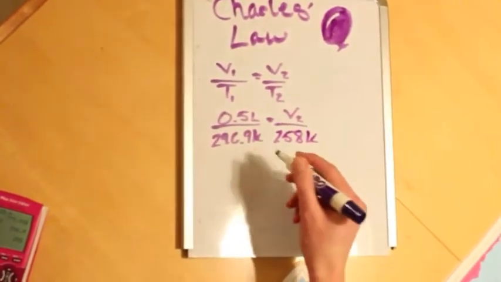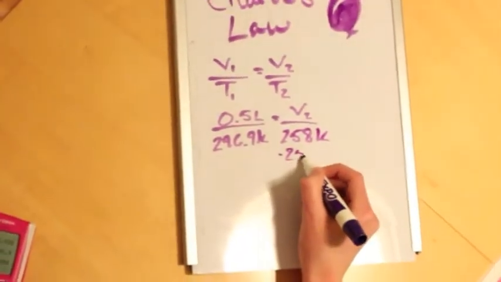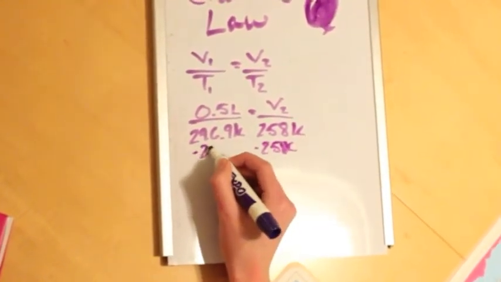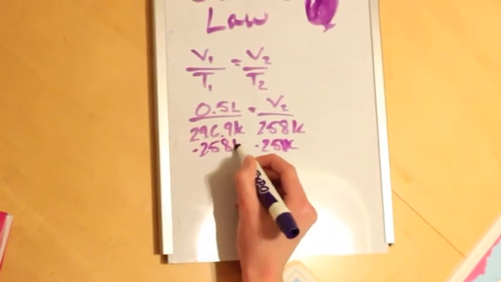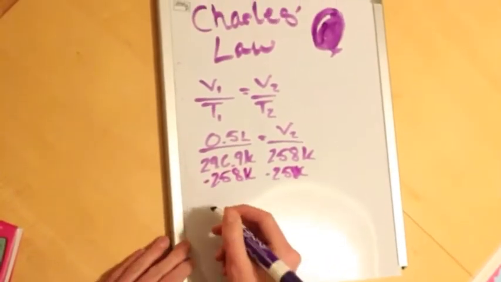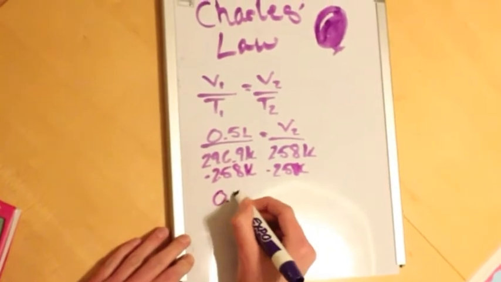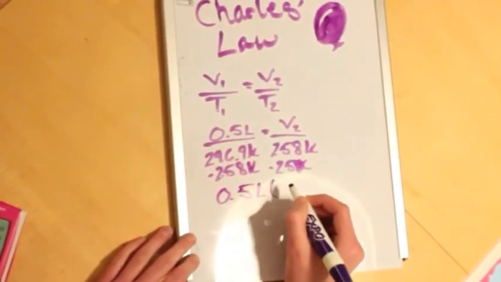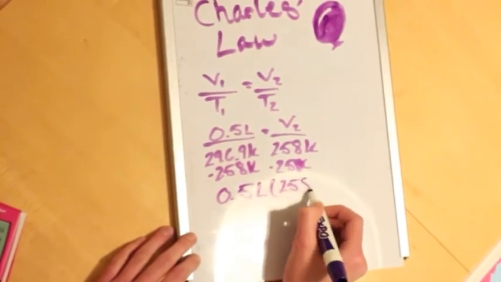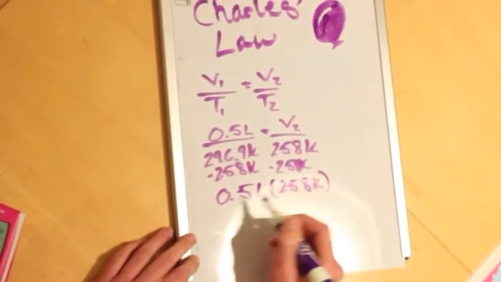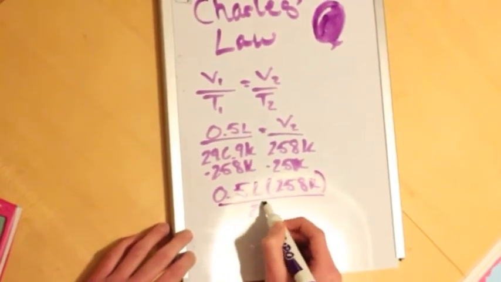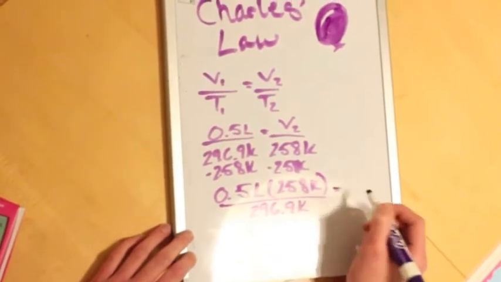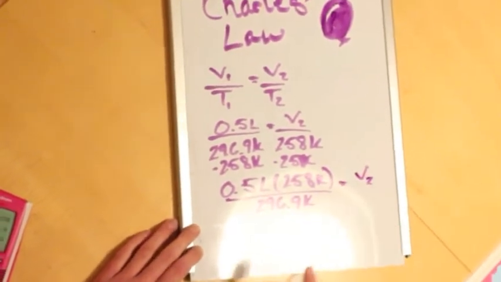So we are going to multiply both sides by 258 Kelvin. So we end up with 0.5 liters times 258 Kelvin over 296.9 Kelvin equals our second volume.